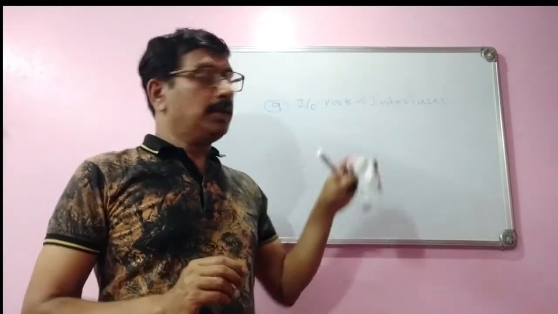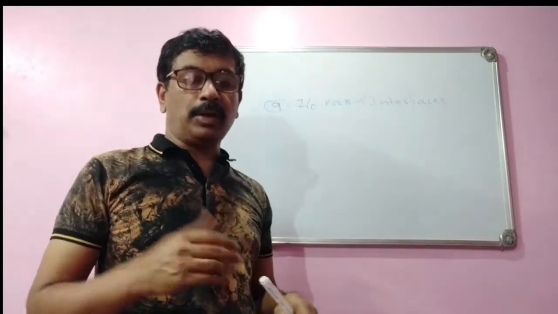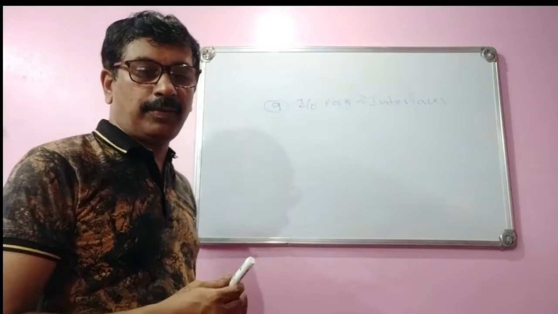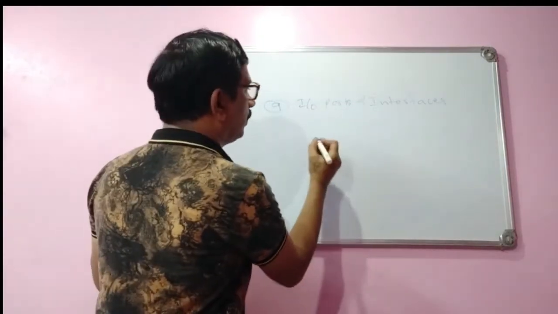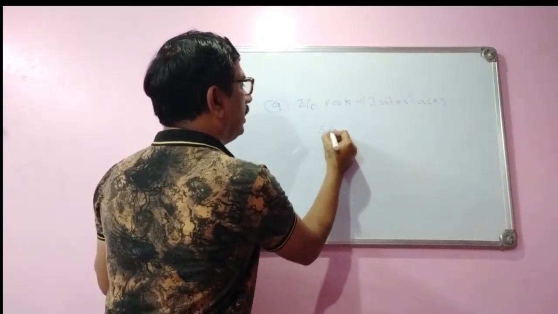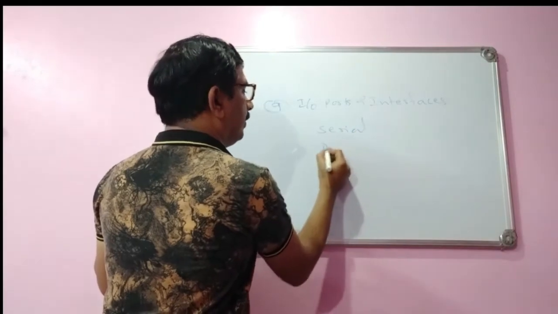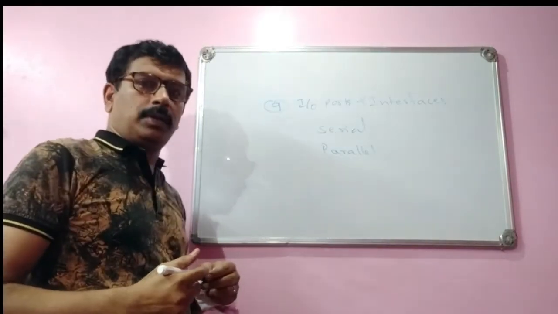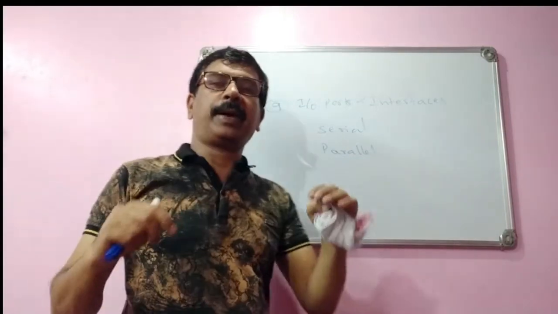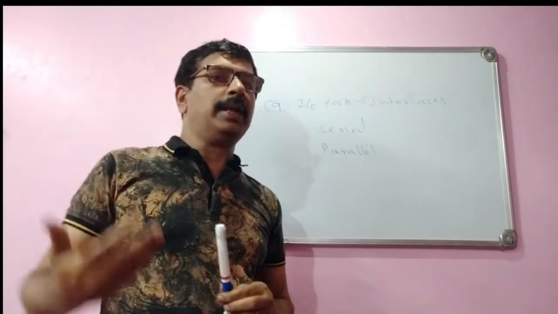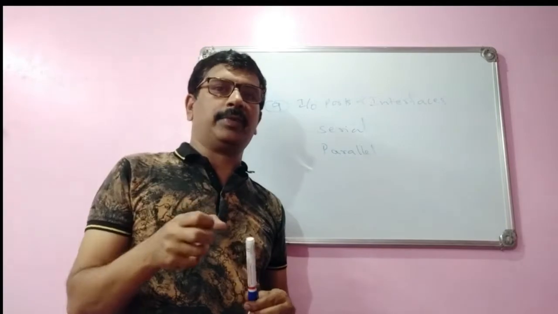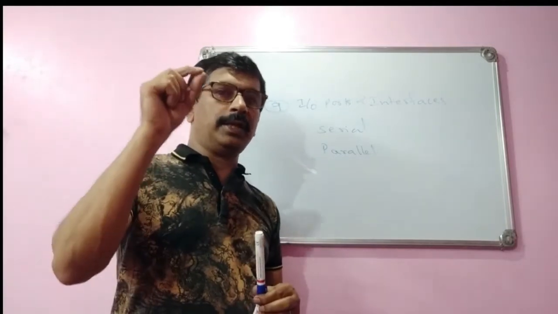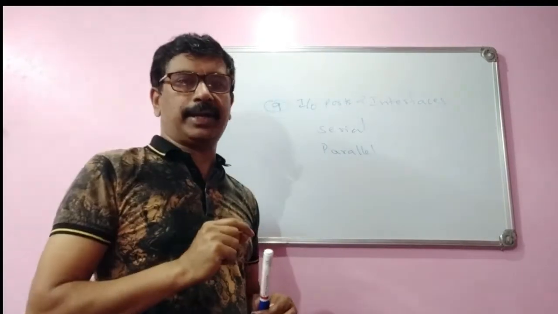And even the interfaces. There will be two types of interfaces or two types of ports, serial and parallel. Serial interface is slow interface. It will transfer the information one bit at a time.